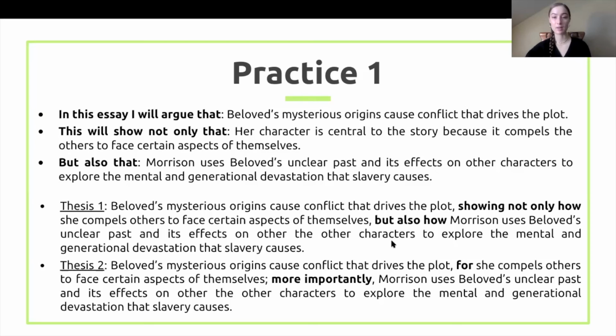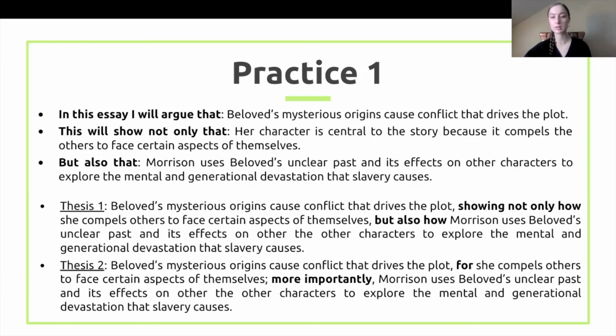All right. And then in the next example, we have transitions that are different from the skeleton. So we have the transitions for and more important. So let's read through here. Beloved's mysterious origins cause conflict that drives the plot, for she compels others to face certain aspects of themselves.